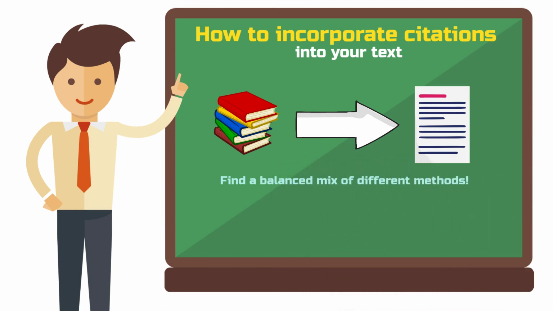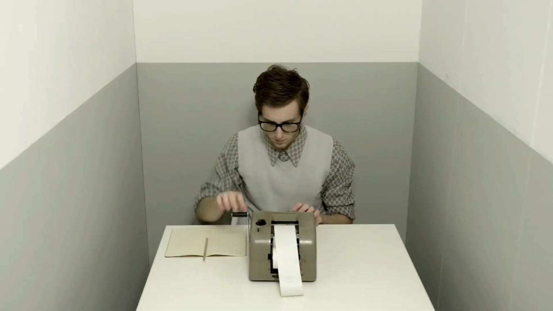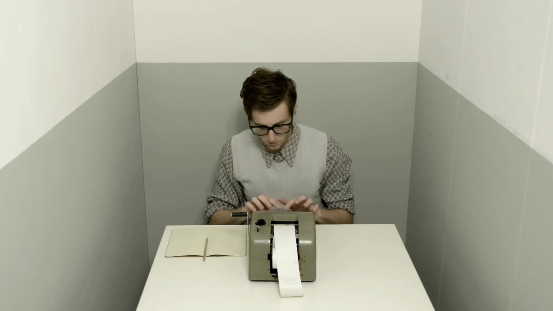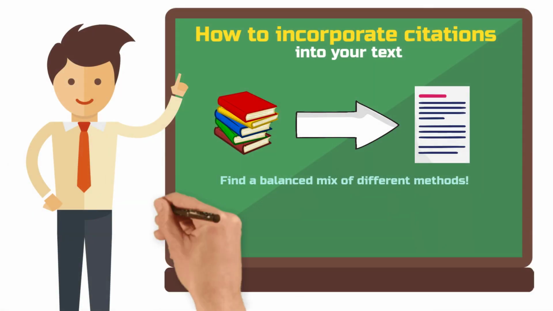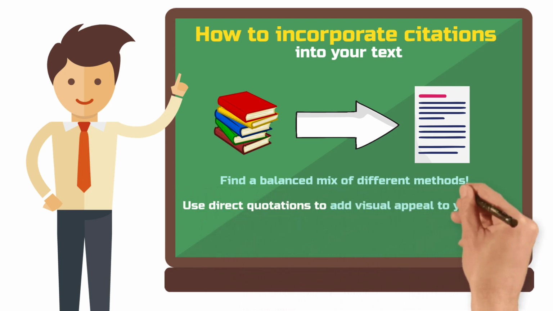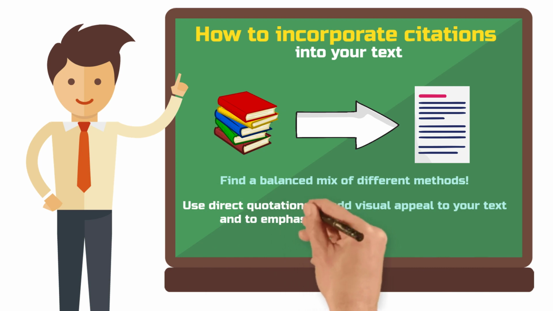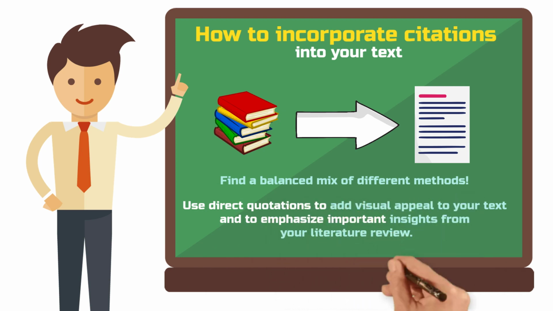If you use the same technique to incorporate references into your text every time, it won't create any surprise. However, if you occasionally insert a quote that spans more than 3 lines, for example, it not only adds visual appeal to your text, but also allows you to emphasize important insights from the literature.